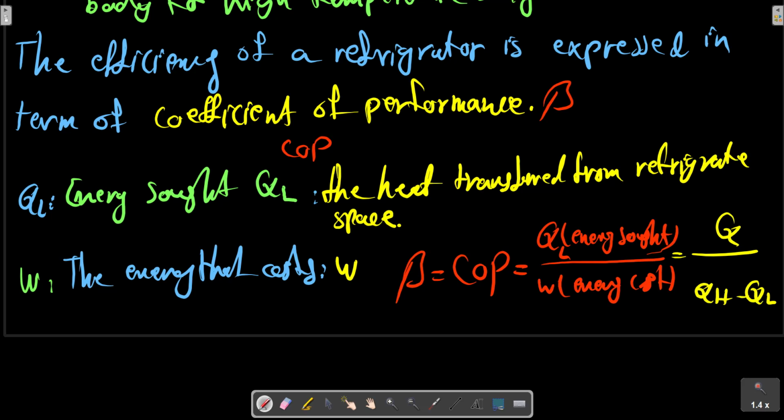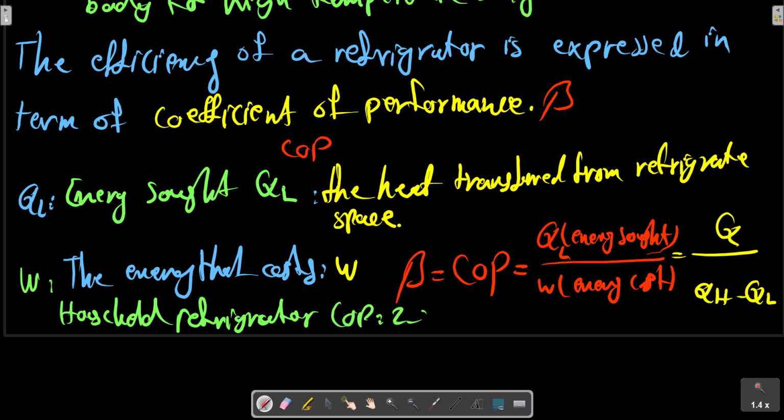A wholesale refrigerator may have a COP of 2.5, whereas a deep freeze unit will be closer to 1.